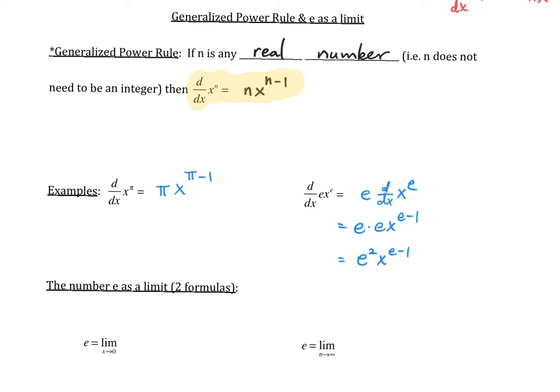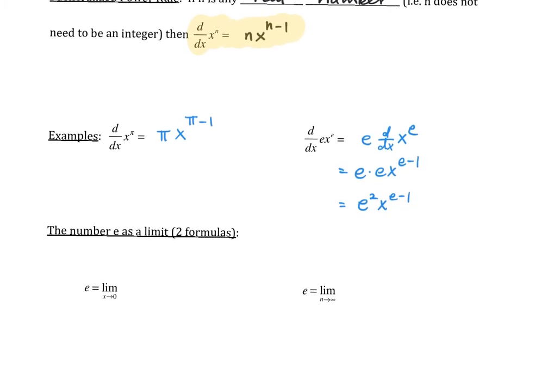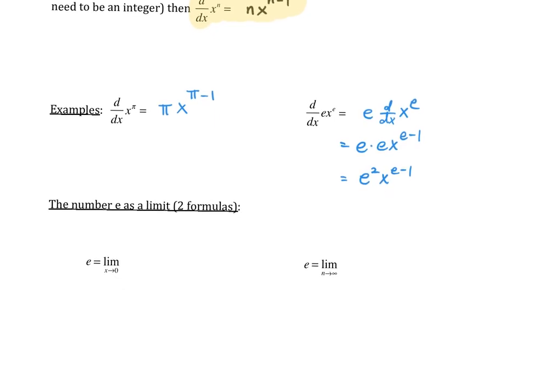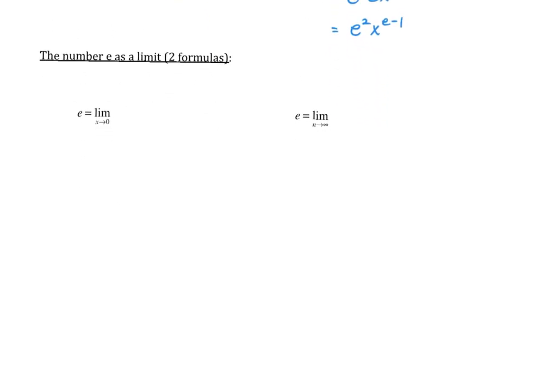Another thing that we could talk about is this number e as a limit. This is something that we will use when we talk about series later, but this is probably a good time to introduce the idea.